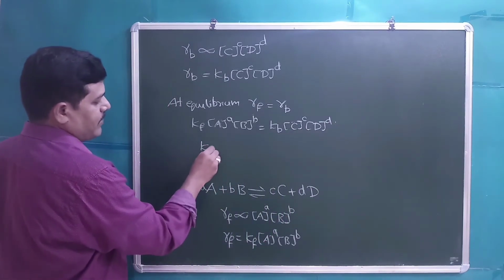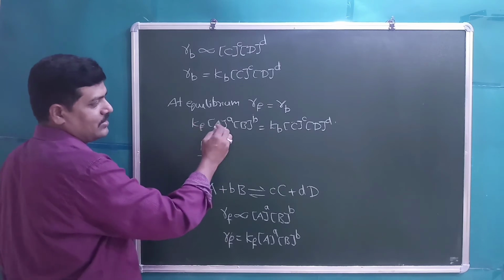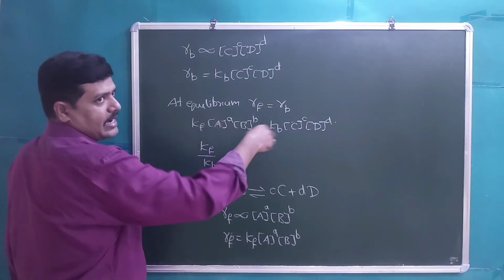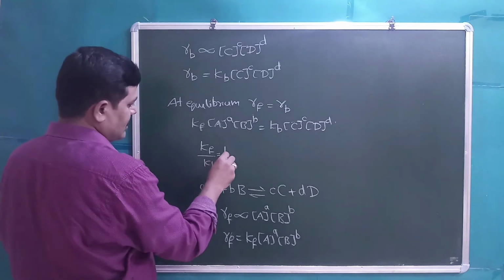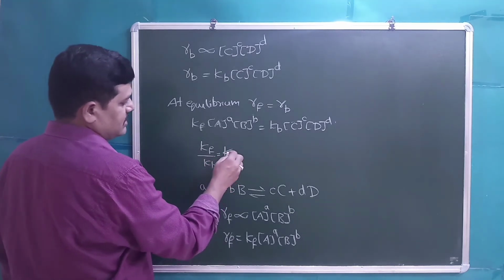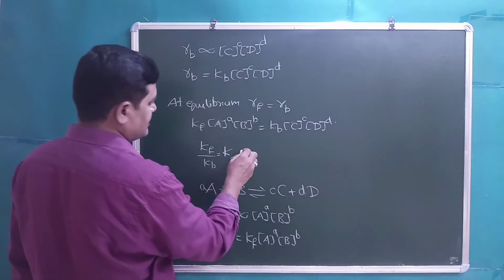Then Kf by Kb, by transferring this Kb to the left hand side and this total term to the right hand side of the equation, Kf by Kb is known as equilibrium constant, which is indicated with Kc.